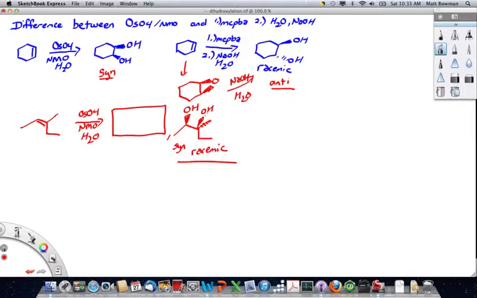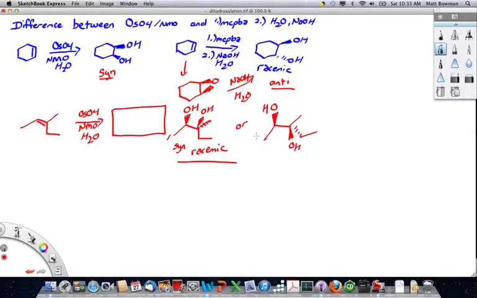We could have drawn it like this, or we could have drawn the product like so. Either of these two works.